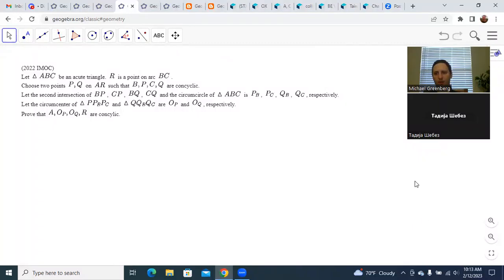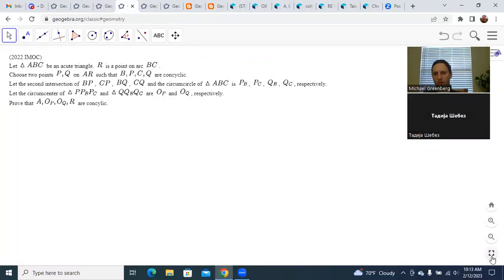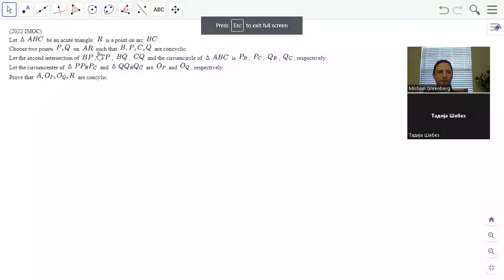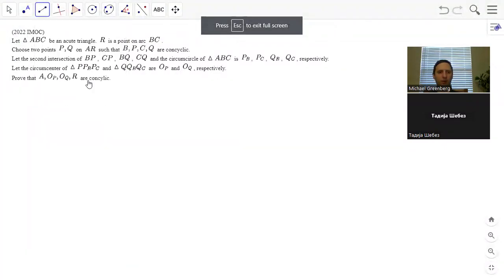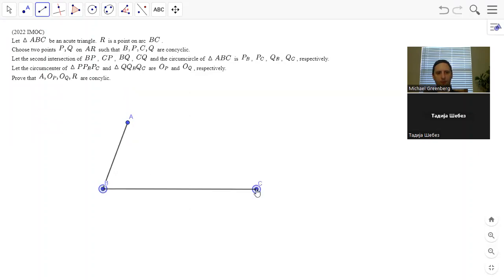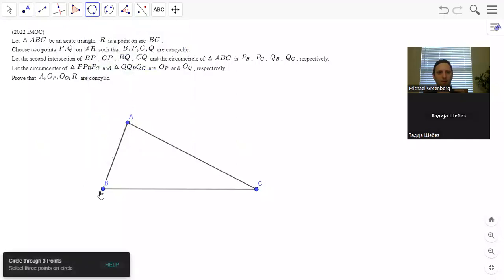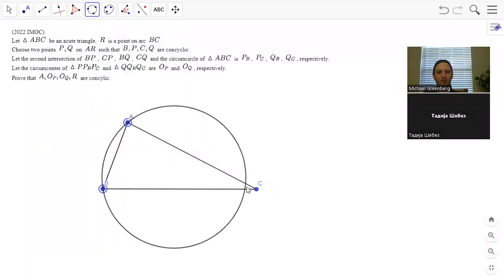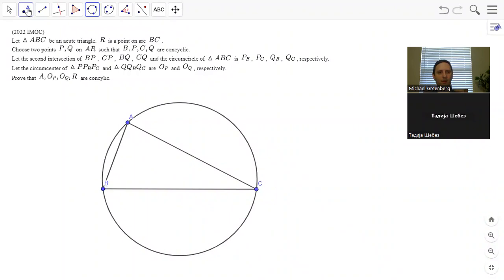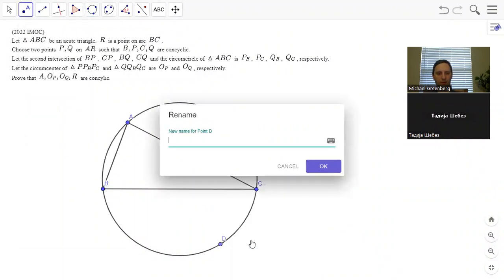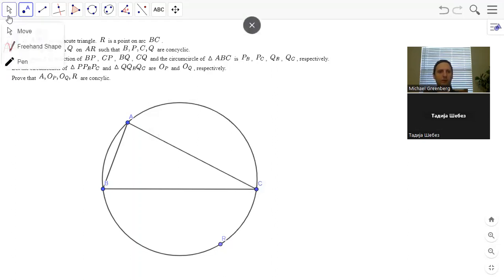How do I maximize? There we go. So we have a triangle, and R is any point on arc BC. It looked like a lot of information, but it really wasn't, once you find the right things.